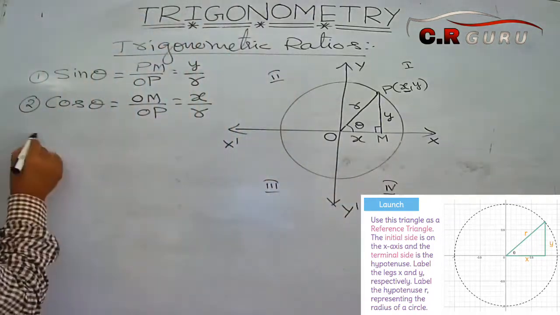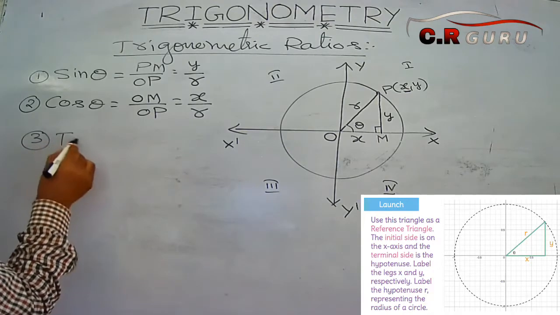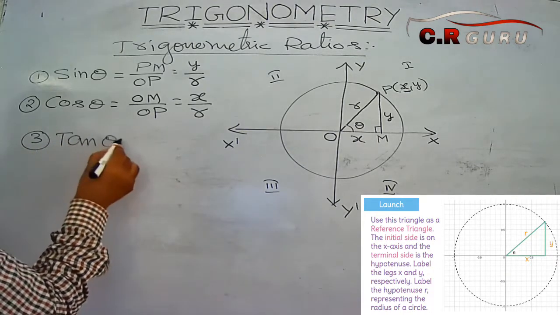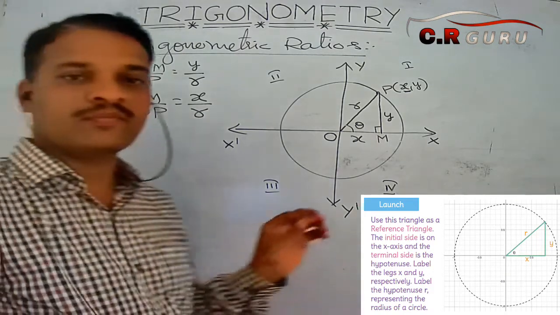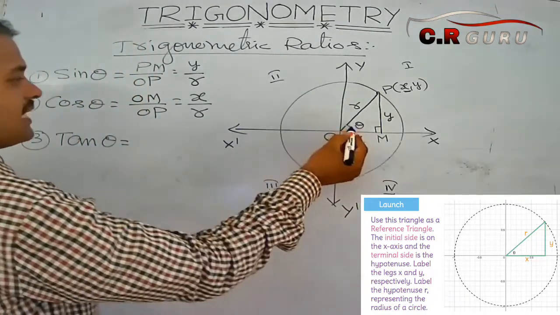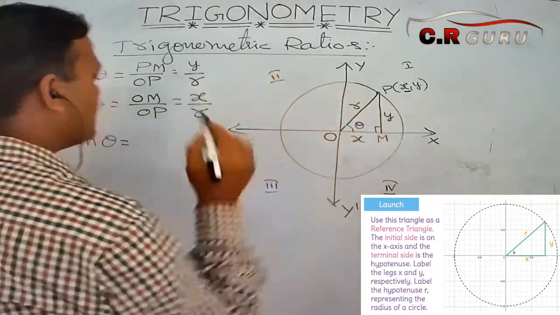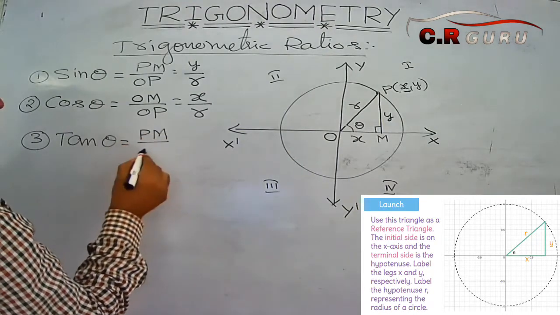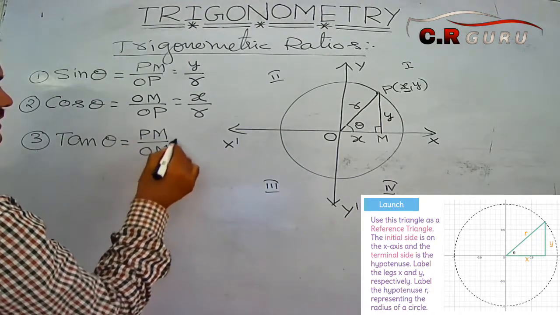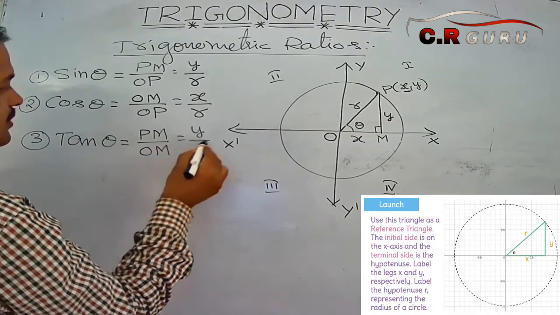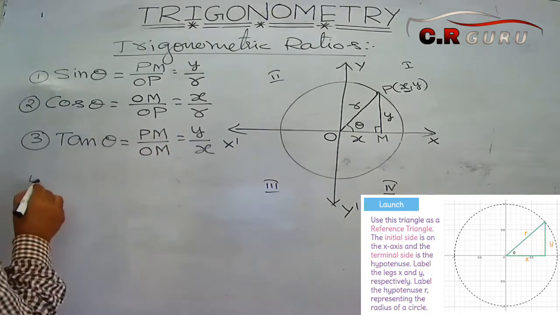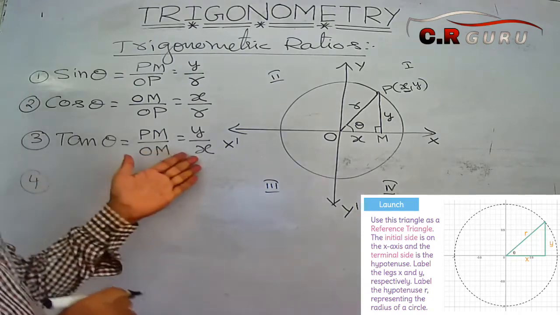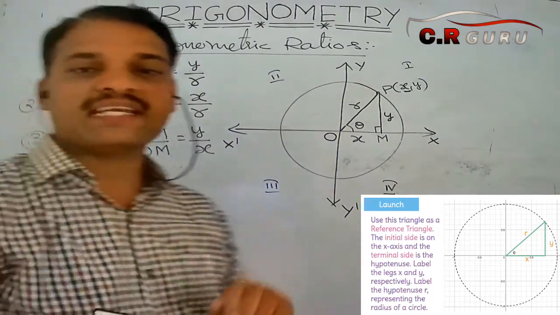Similarly, the third one is tan theta. Tan theta is, in the acute angle, opposite side to adjacent side. PM is the opposite side and OM is the adjacent side, that is y by x. That is the definition of tan theta, my dear friends.